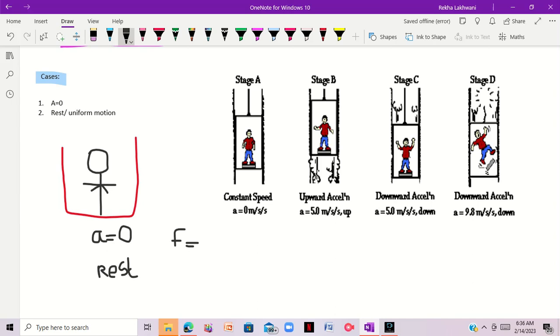as I guess the weight will be higher. So we will write here weight minus tension, right?